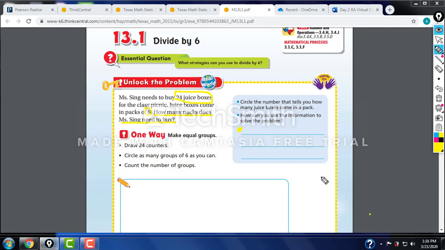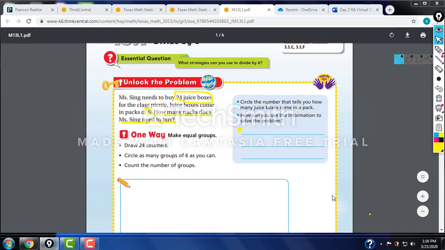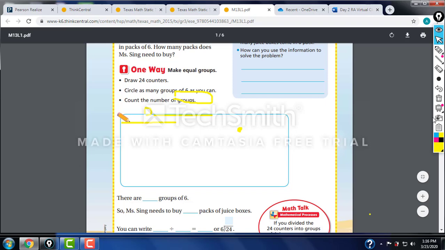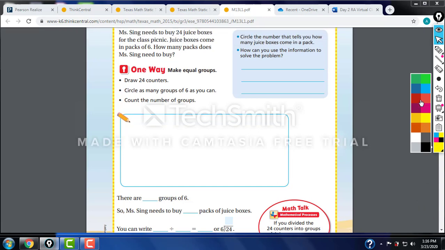So let's go ahead and use one way right now that the book tells us to use, and again, this is the easiest way to do it, making your counters. So you're going to draw 24 counters. So let me select a color that will be easier for you to visualize.